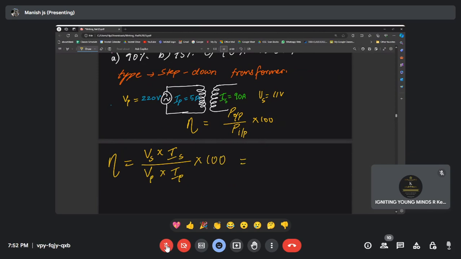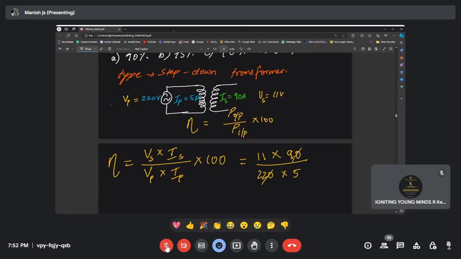Now go and substitute the values that you have. We have secondary voltage, secondary current, primary voltage, and also primary current. So secondary voltage is 11 times secondary current 90, upon primary voltage 220 times primary current 5 amperes.